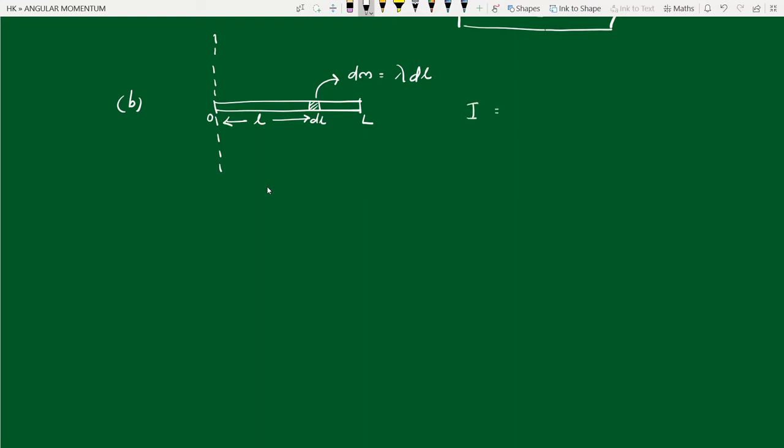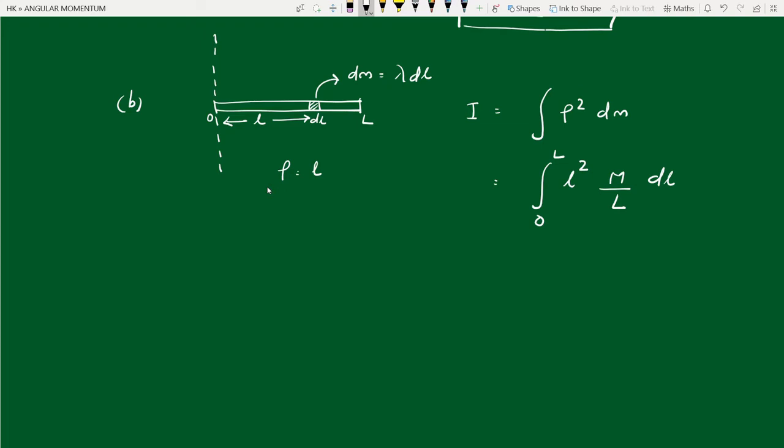Moment of inertia is equal to integral rho square dm, and here rho is again equal to l, the perpendicular distance from the axis. So integral l square, and what is dm? Lambda dl. What is lambda? Mass per unit length into dl. What is the limit of integration? From 0 to L. That's the difference.